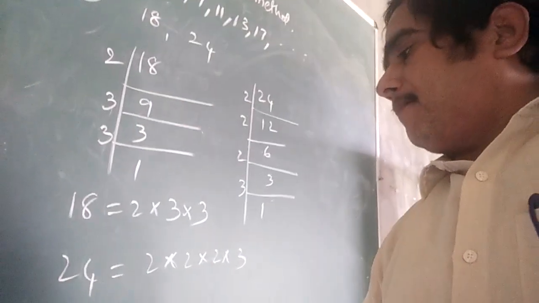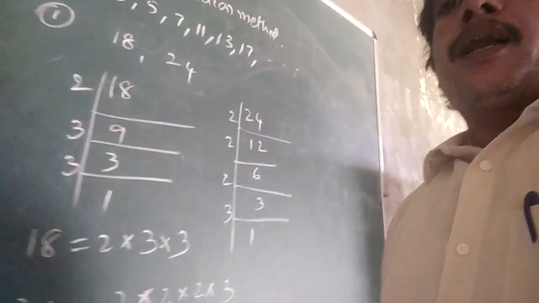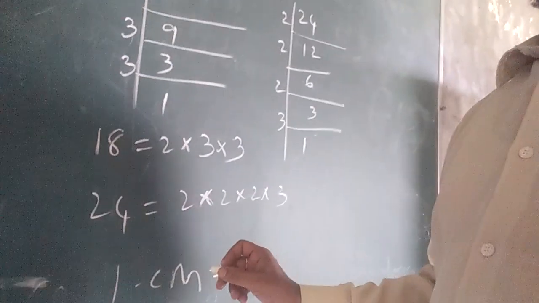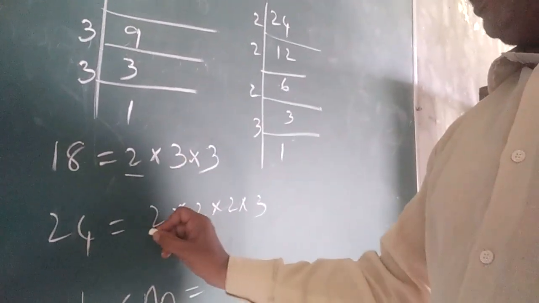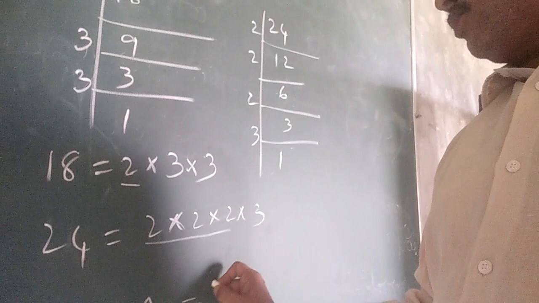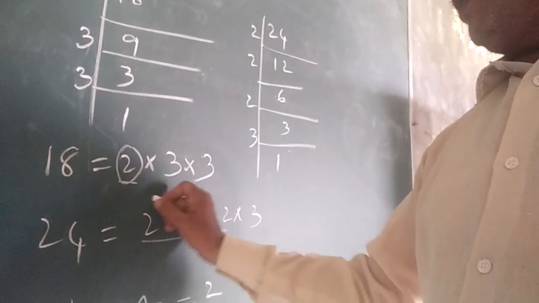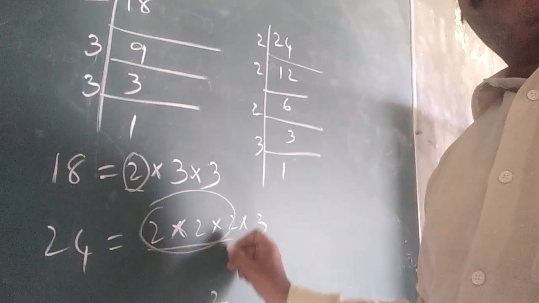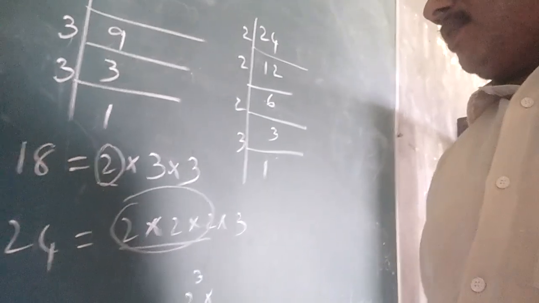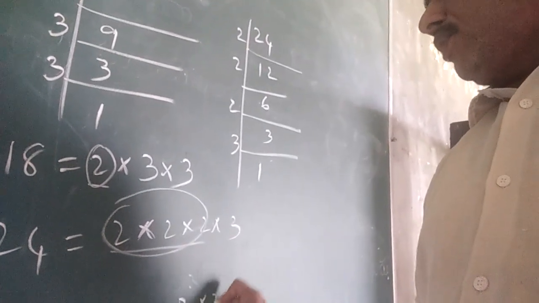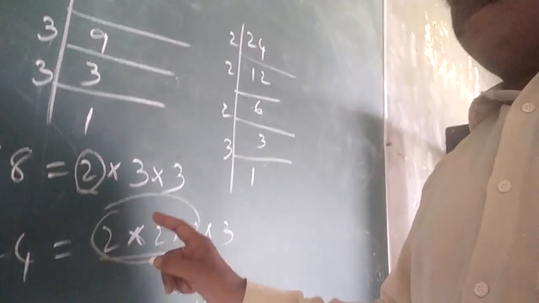Now the LCM. In this 2 is coming, in this also 2 is coming, but in the second one 2 is coming more times. So 2 cube, which is 2 into 2 into 2.